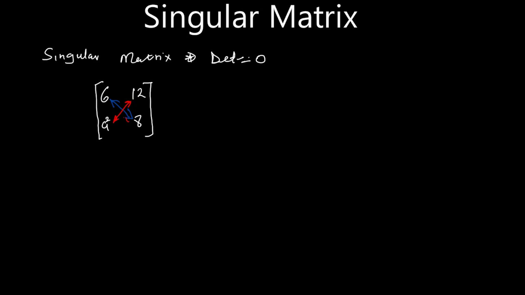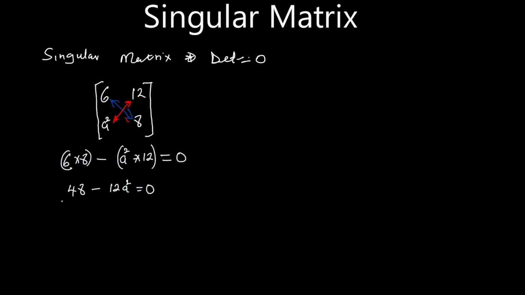So we have 6 multiplied by 8, then we subtract the other diagonal, which is A squared multiplied by 12, and because this is a singular matrix, all of it should be equal to 0. So 6 times 8 gives us 48, then minus 12 times A squared gives us 12A squared, and this should be equated to 0.